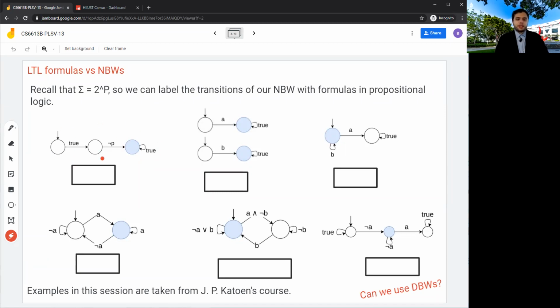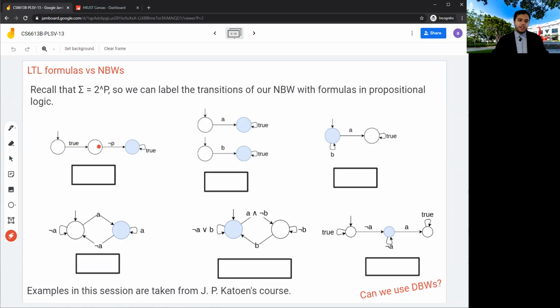Can you give me an LTL formula that is equivalent to this non-deterministic Büchi automaton? What strings are accepted by this automaton? Eventually P is not... well, it's not exactly eventually, because you have to get here with one step. You start here and no matter what happens in the next step, you're here.